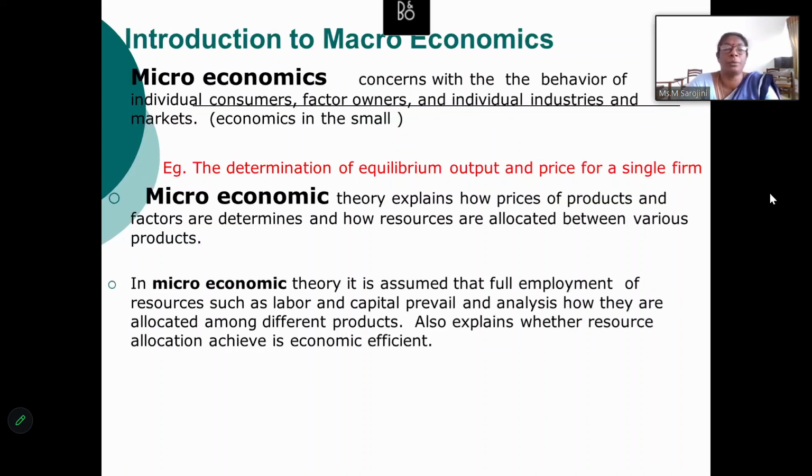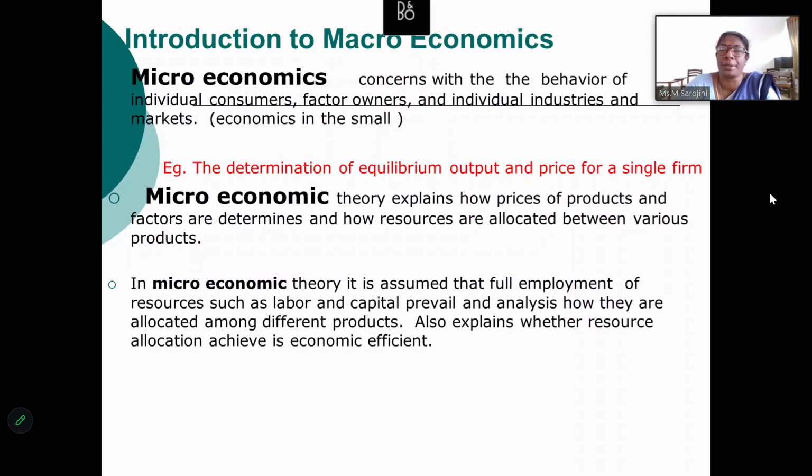Now, we will move to the differentiation between microeconomics as well as macroeconomics under the introduction to macroeconomics, right? Here you know that microeconomics means the behavior of individual consumers, factor owners.